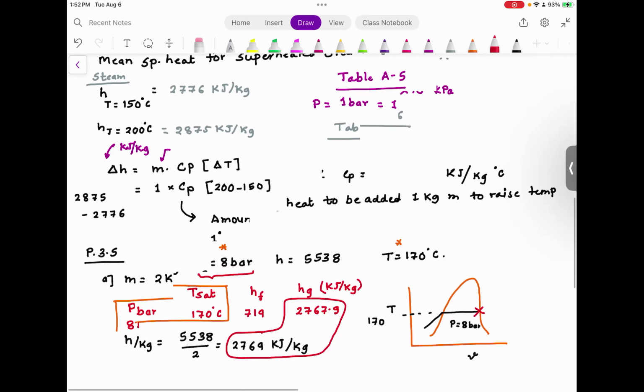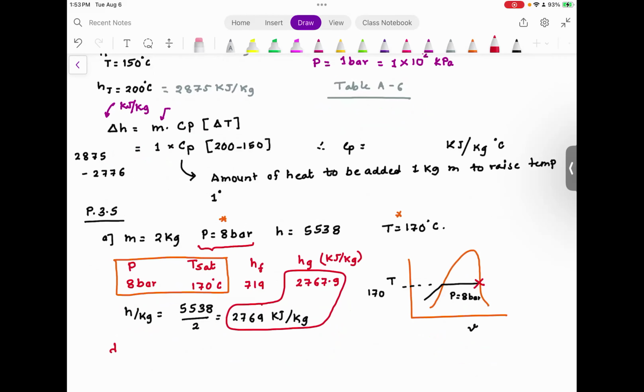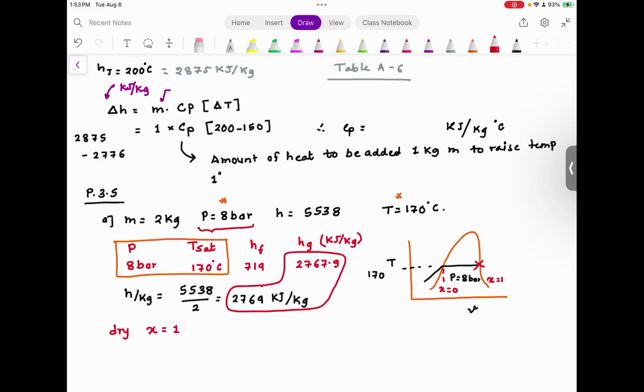So it's dry. Why is it dry? Because dryness fraction x is equal to 1. Please note x is equal to 0 here, x is equal to 1 here. And the enthalpy is 2767. So dry saturated steam. Are you with me so far?